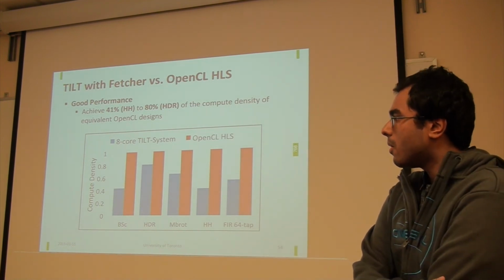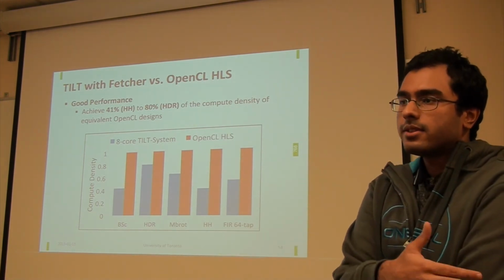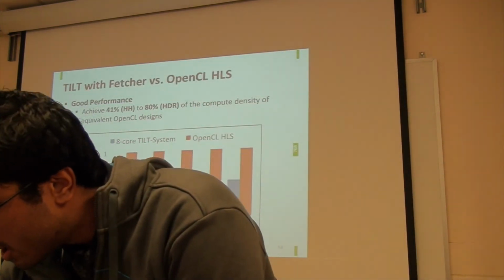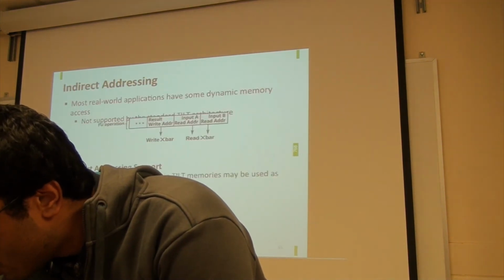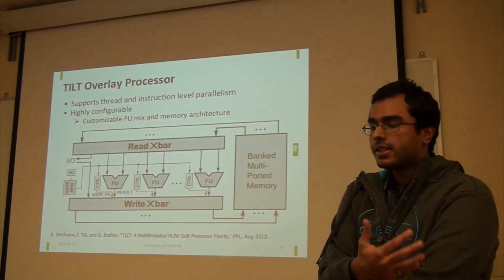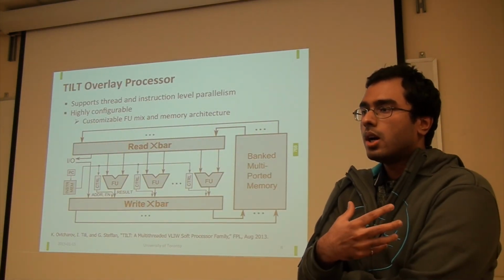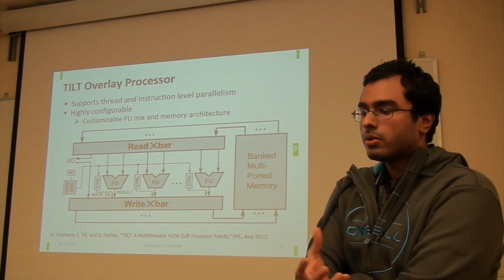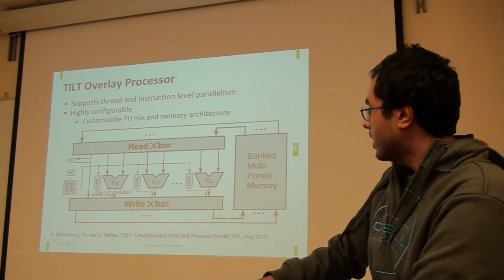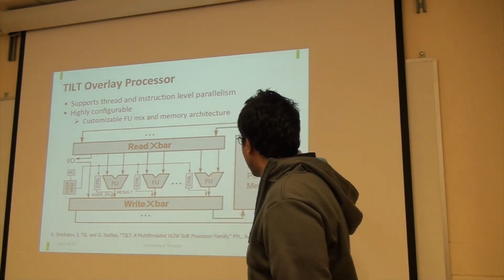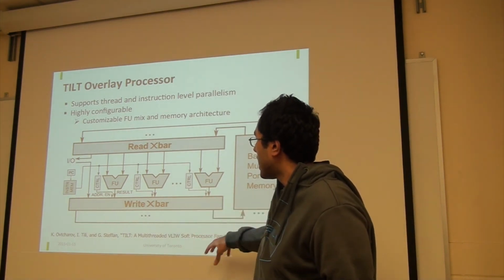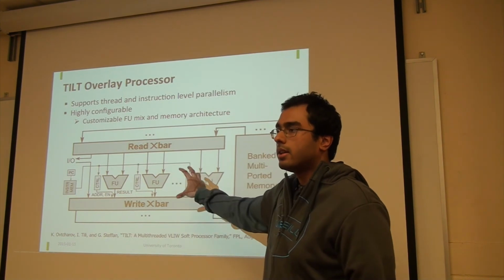I think it would go against the design paradigm of what tilt tries to do. If you look at the tilt architecture, the main thing that we thought of when we designed this was reusing the functional units. The way you do that is by having an array of functional units, scratch-fed multi-ported memory, and crossbars that allow you to reuse that set of resources.